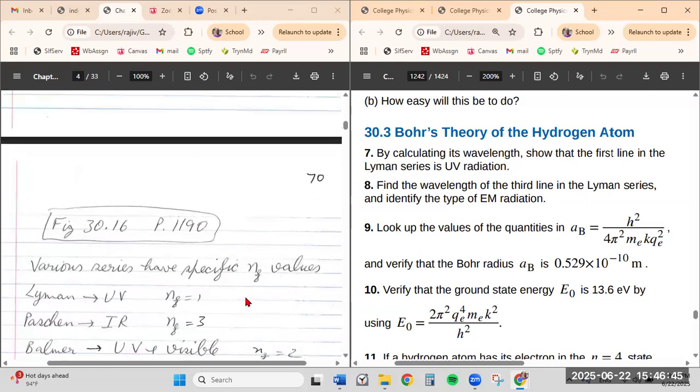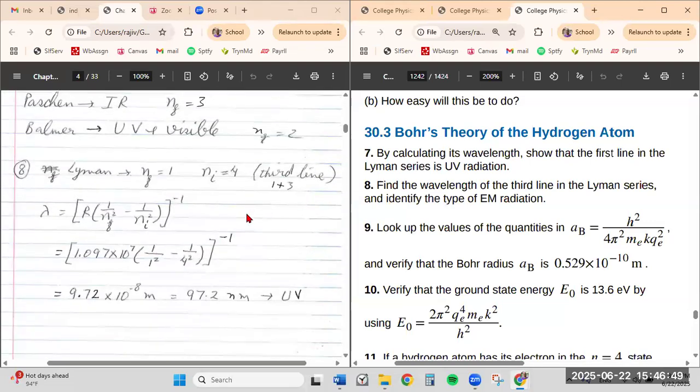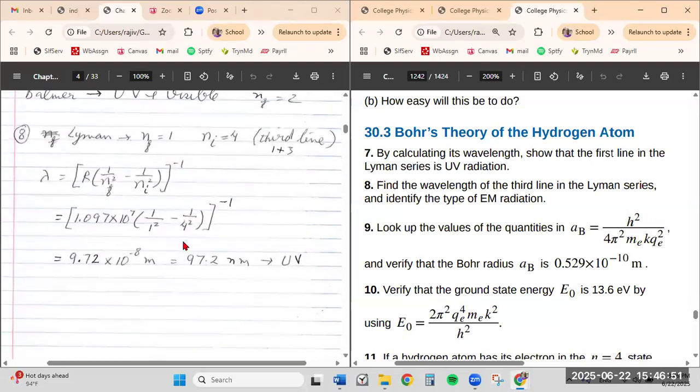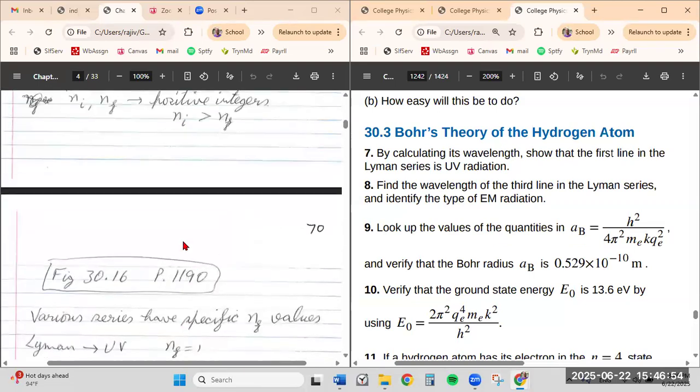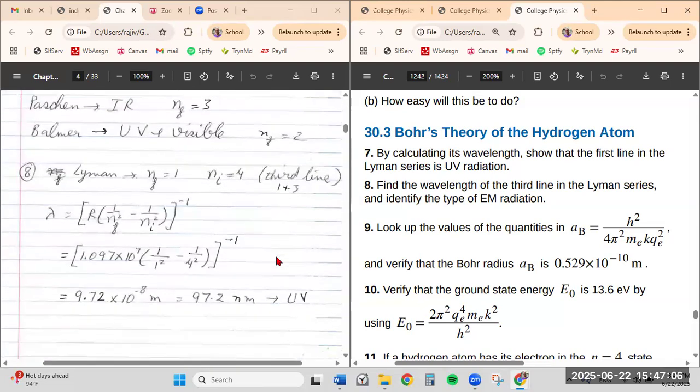And then we use this equation here to calculate the wavelength. And remember that the right side is the reciprocal of wavelength. So when you calculate this, you have to take the reciprocal of your results to get what the wavelength is.